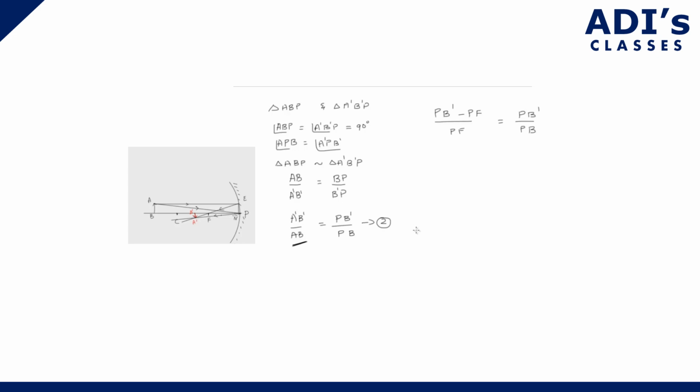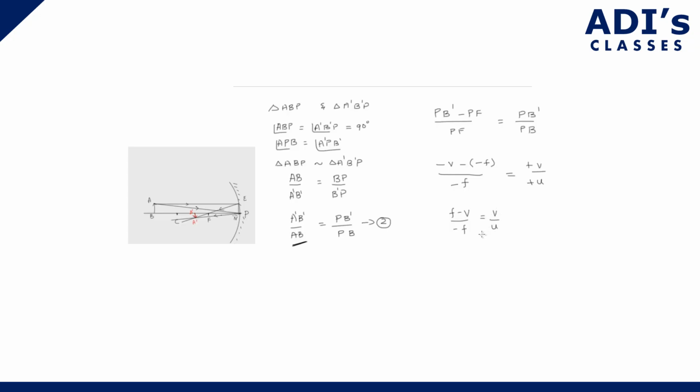So we have minus V minus of minus F, because focal length is also negative, divided by minus F, is equal to PB' again, minus V divided by minus U. These two negative signs will get cancelled. Now you have F minus V by minus F is equal to V divided by U.